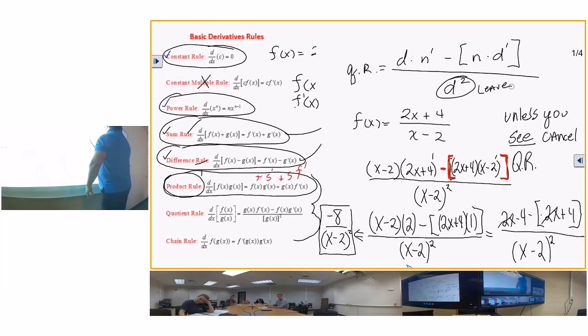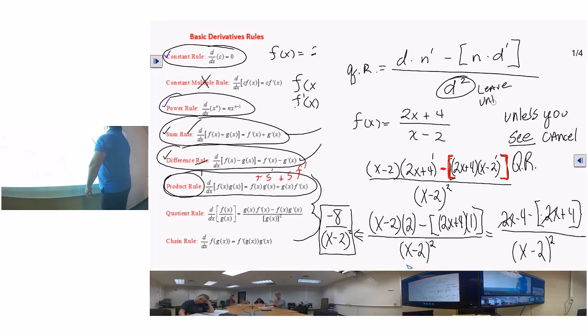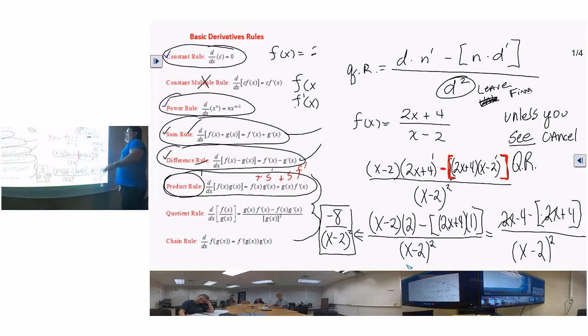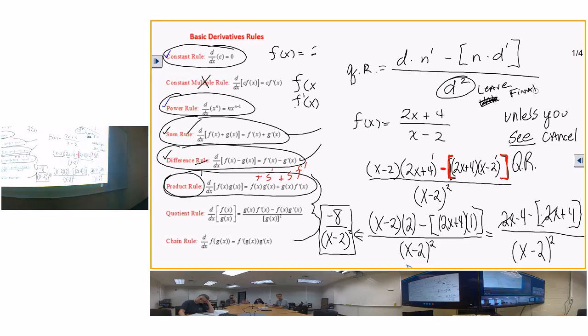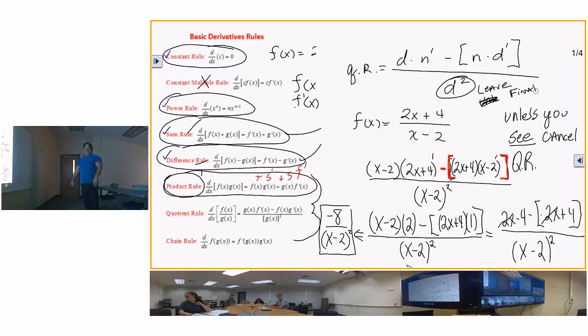Unless you can cancel. You leave it until the final answer. You leave that (x minus 2) quantity squared, and the only thing that can change that denominator is if something cancels.